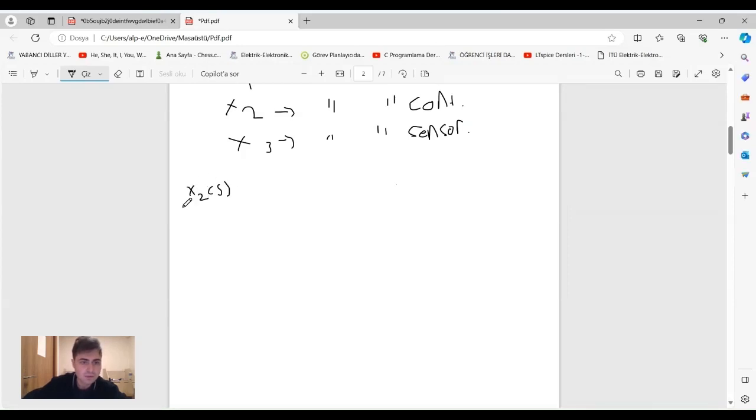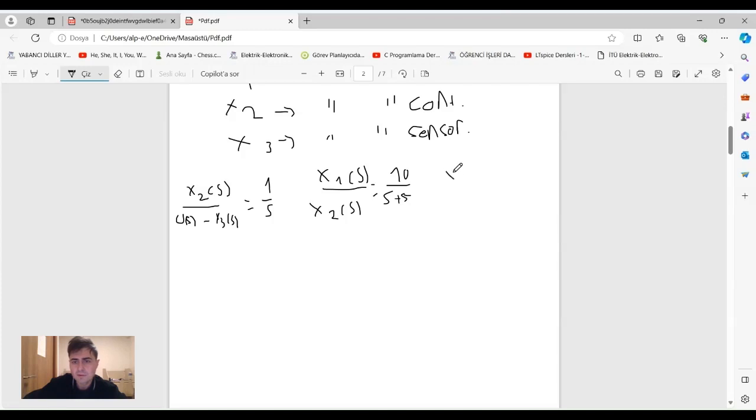X2(s) over U(s) minus X3(s), because of the equation, equals 1 over s. And also X1(s) over X2(s) equals 10 over s plus 5.